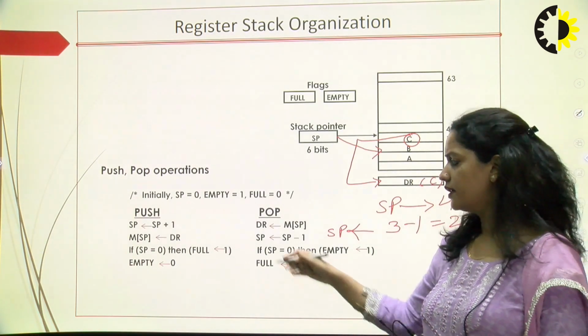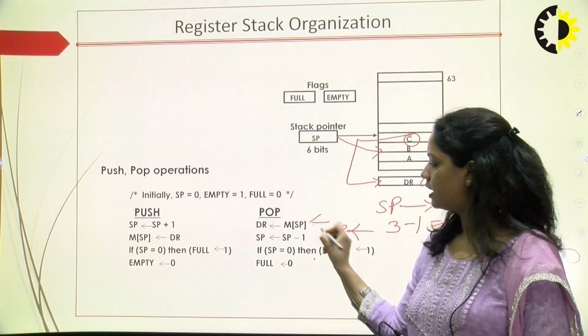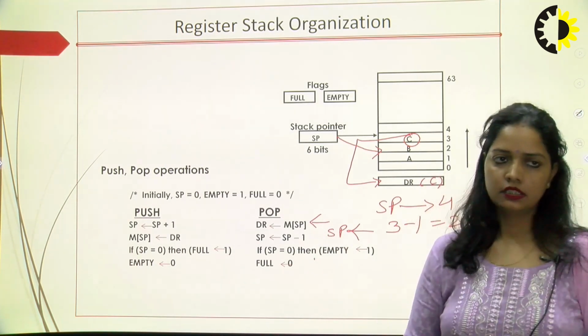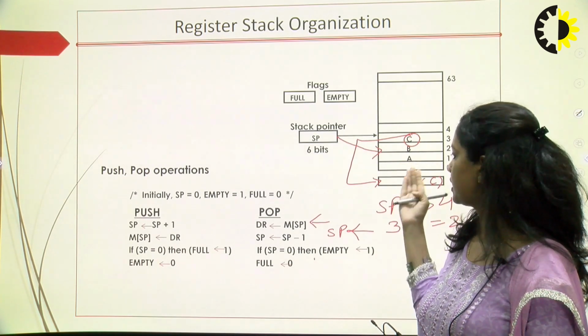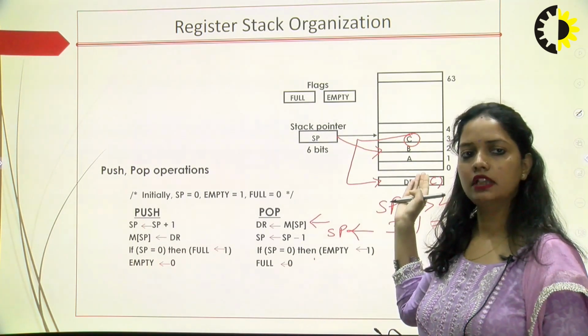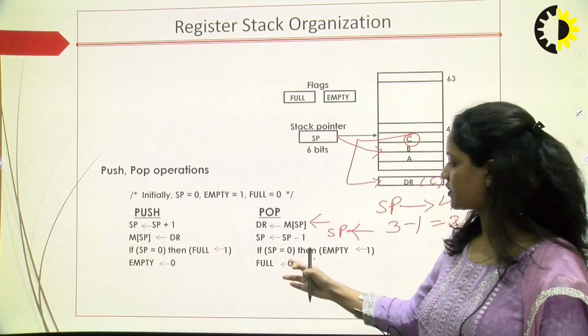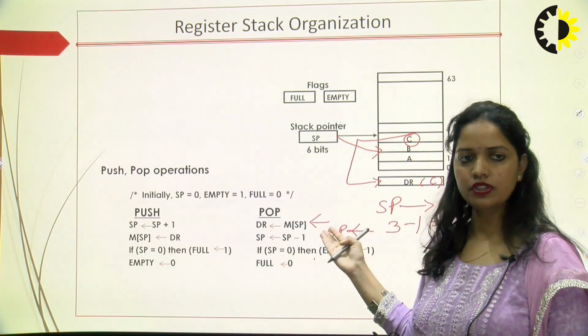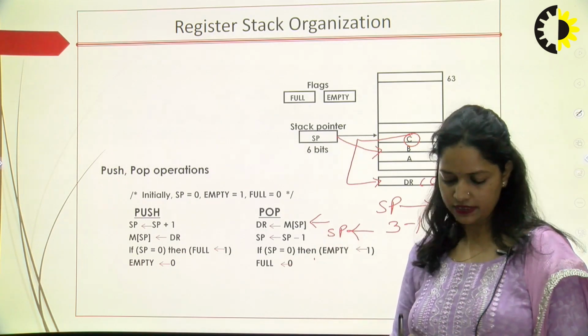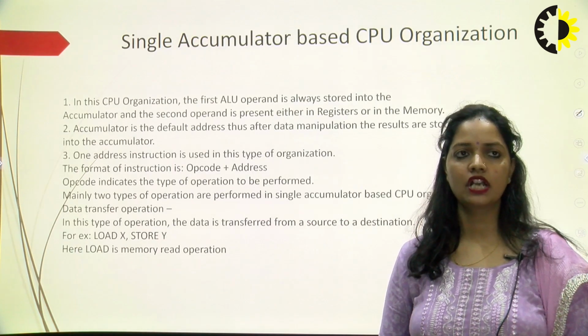If it is false, we come back to this location and again perform the deletion operation. Delete B as well as A, and after A we have nothing to delete in the stack, so this condition becomes true and we cannot execute these two instructions further. So this is all about the register stack organization scheme.